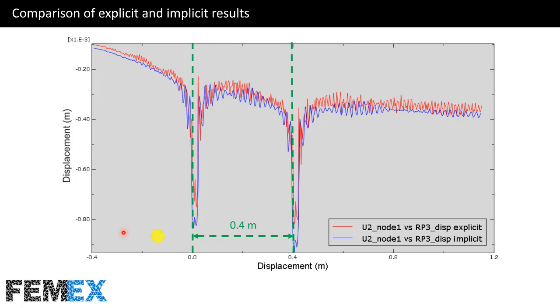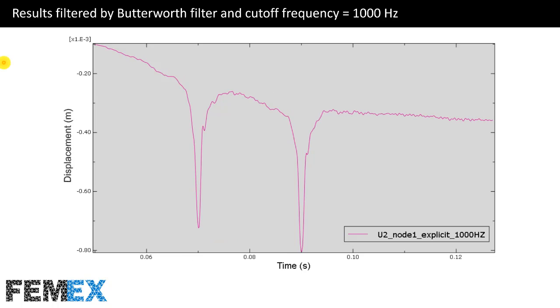And when the relative distance is 0, we have this point. And when the relative distance is 0.4, we have the second point. And the difference of these two peaks is 0.4 meter, which is the distance between wheel 1 and wheel 3.